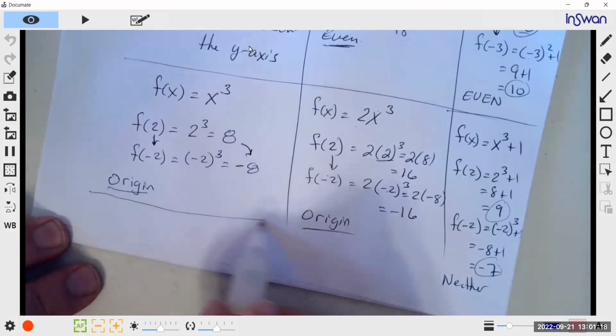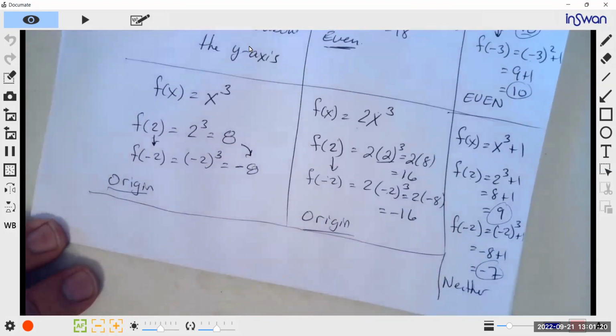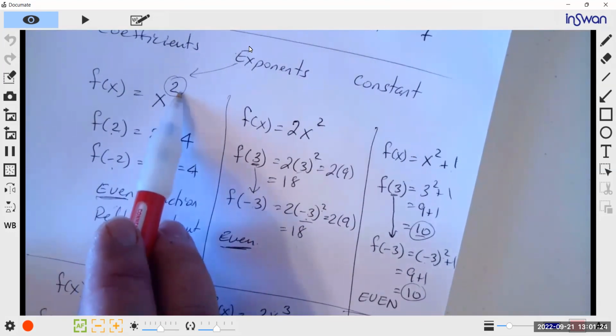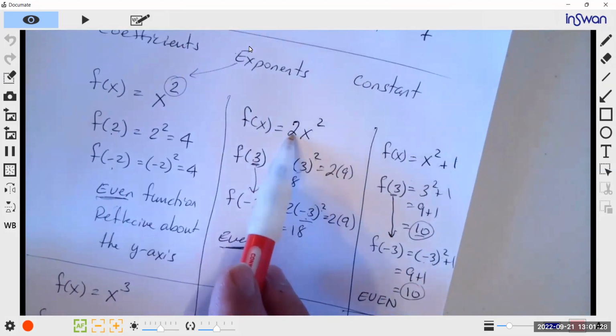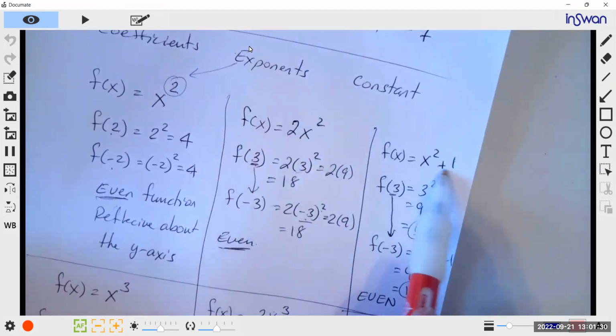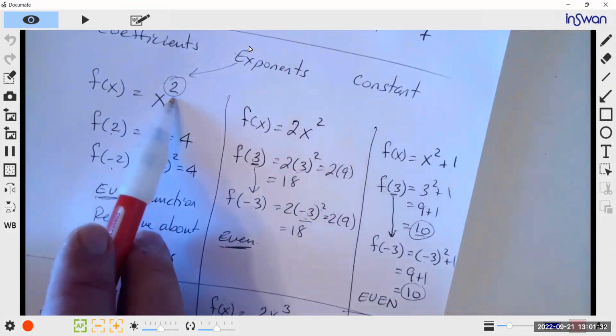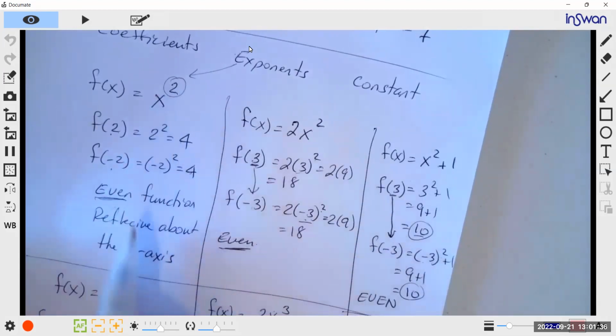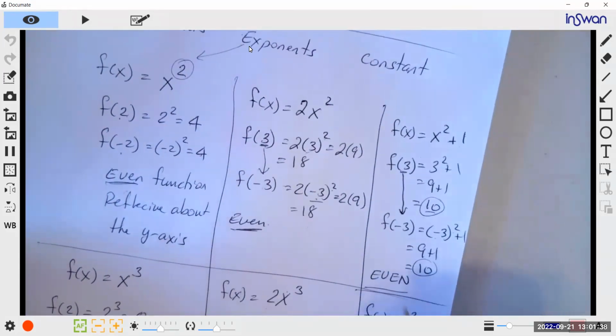Okay, the only last test that we have left to do, because we've looked at even exponents with coefficients and with constants. So it doesn't matter, anytime you have only even exponents in your equation, it'll always be even.